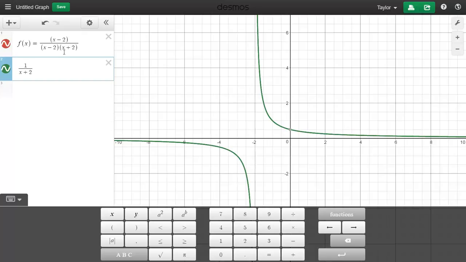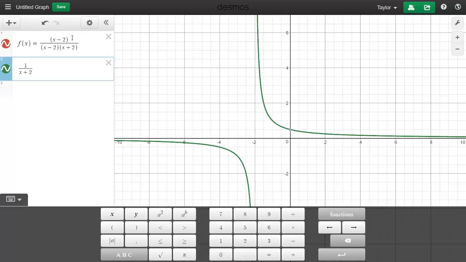So the solution to x plus 2 equals 0 is negative 2. Okay, so the discontinuity that's a result of this factor that we can't get rid of is negative 2. So that's the non-removable discontinuity. That's the vertical asymptote.